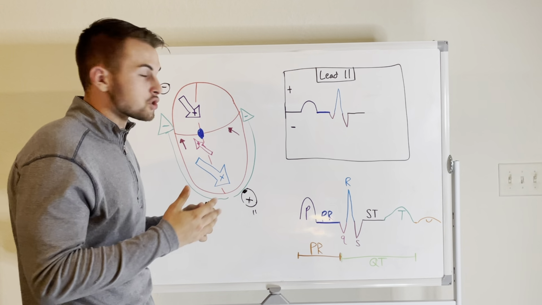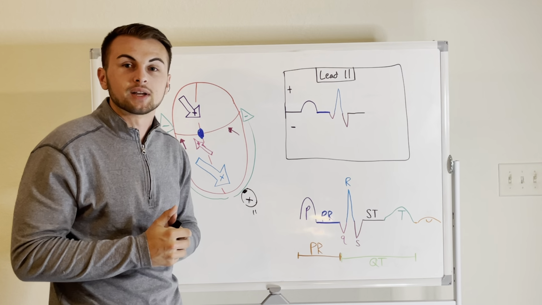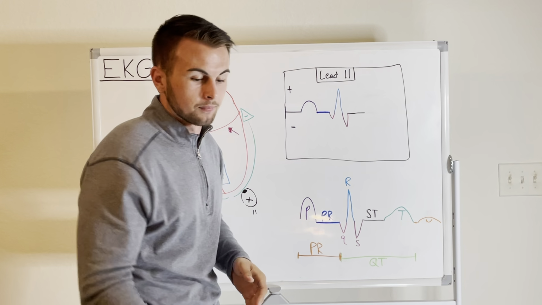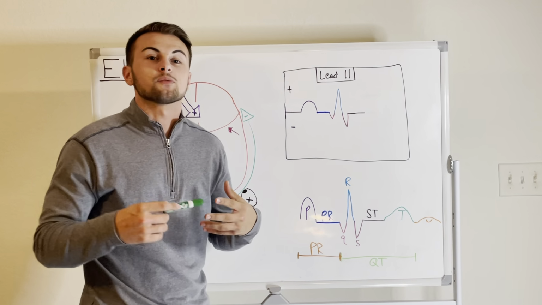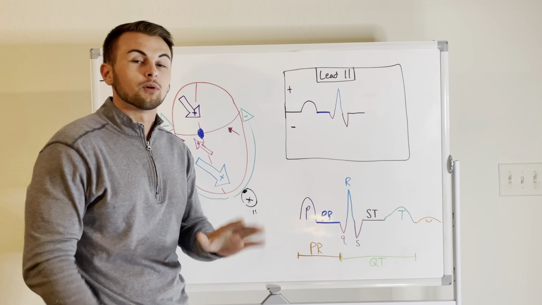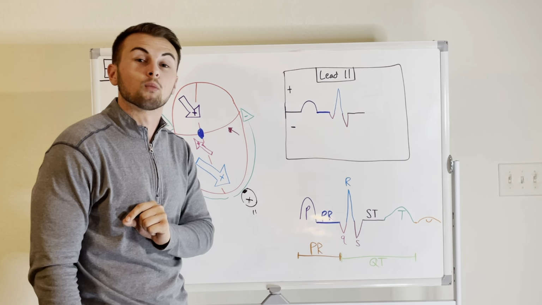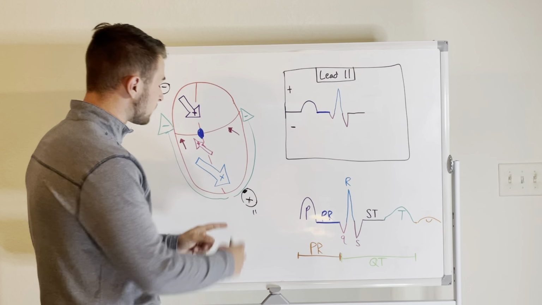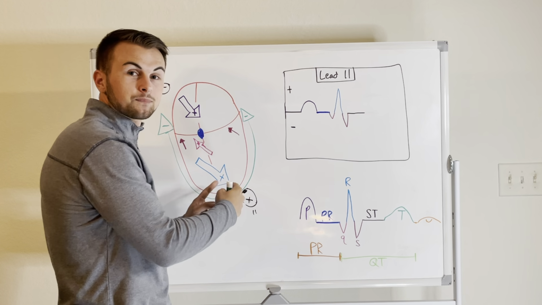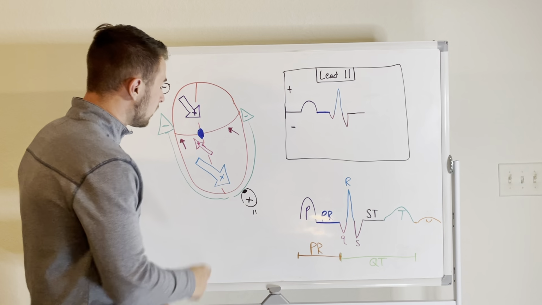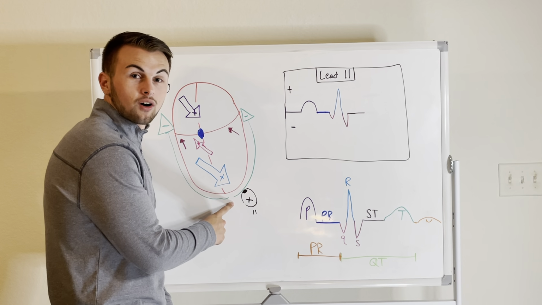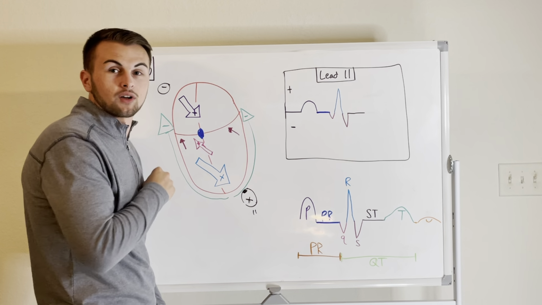So, eventually, our ventricular cells have become repolarized. Now, because our cells are becoming more negative, remember, repolarization is negative. Because our cells are becoming more negative, a negative vector is created. The vector is heading from the apex of the heart towards the base of the heart.